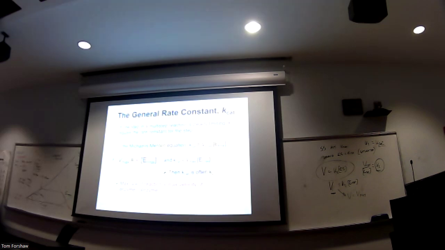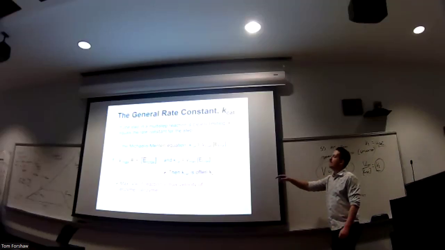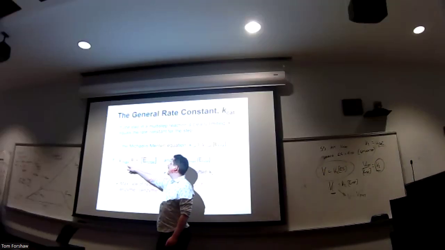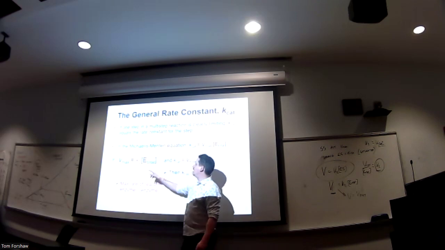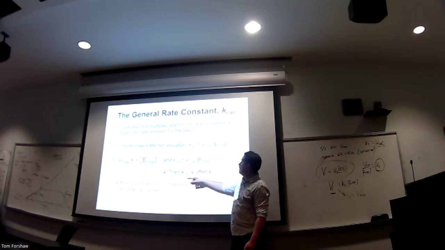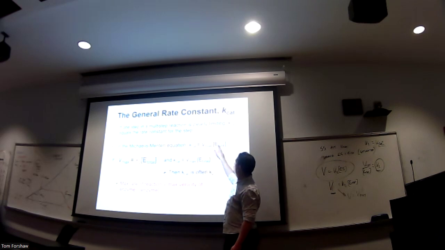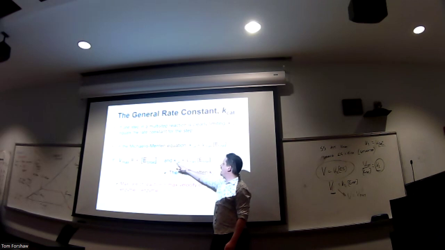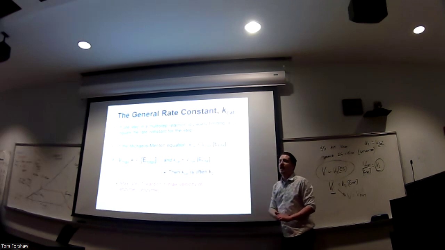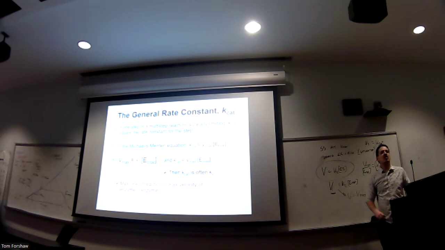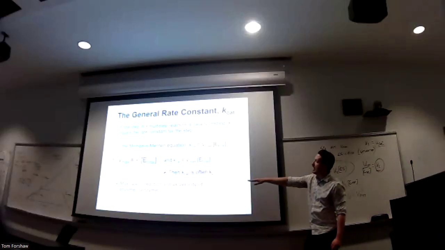If V max is equal to K2 multiplied by E total, then V max divided by E total equals K cat, and K cat and K2 are generally considered to be the same thing. There are some cases where they are not, for specialist reactions, but generally we just refer to K2 as being the Kcat.